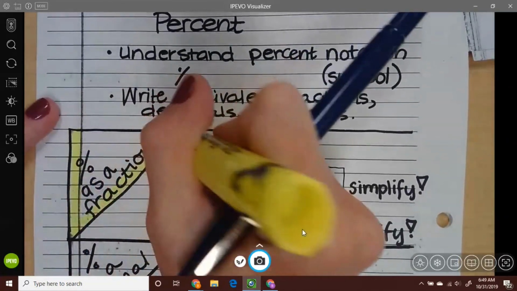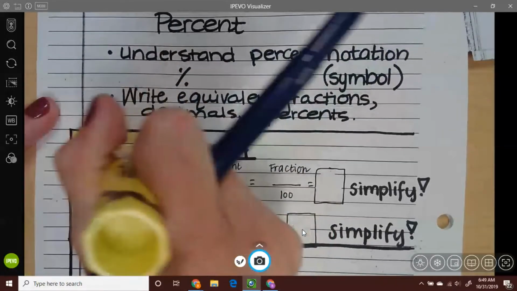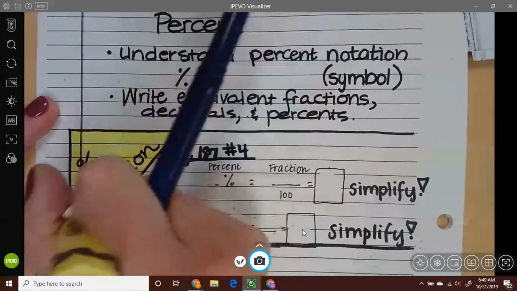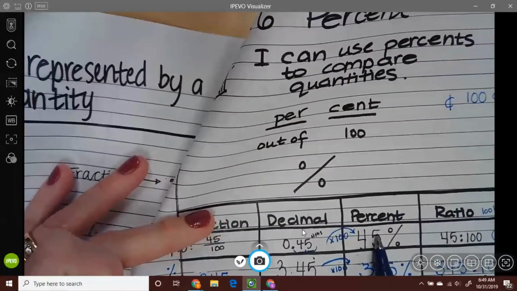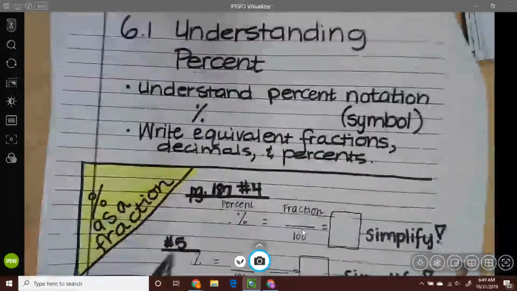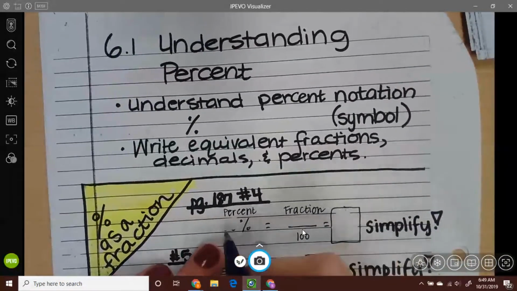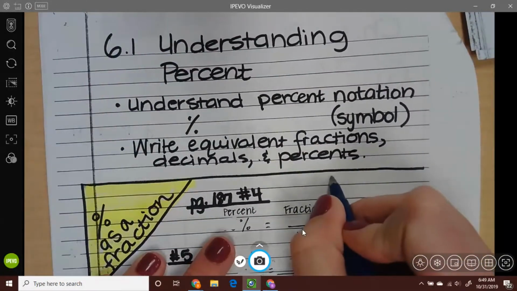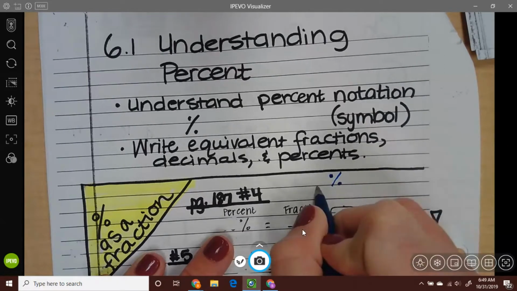Remember, this isn't anything new because you just did this on this side. You just moved a percent to a fraction. Really, all you did was write the percent over 100 and remove the percent.